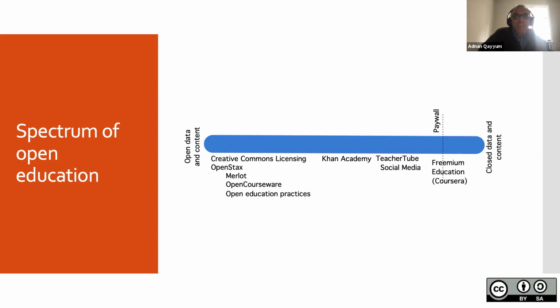So what we see then is a spectrum of openness developing. There's open data and open content, with things like OpenStax and Merlot. These are some of the American initiatives. And then all the way to the other side, you get the freemium model, where you get a certain amount of access to the open educational course or resource, and then there's a paywall.